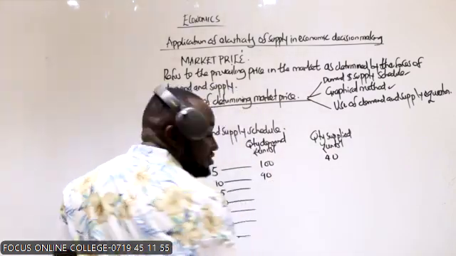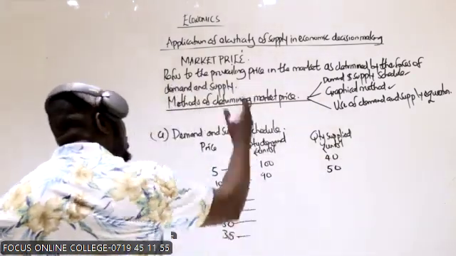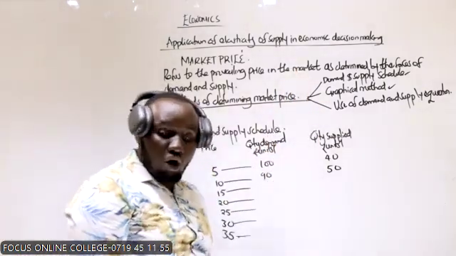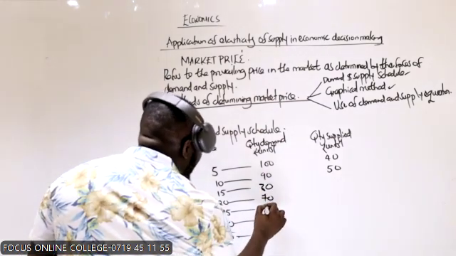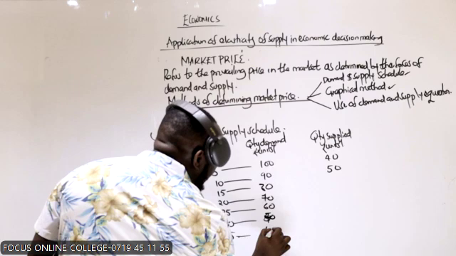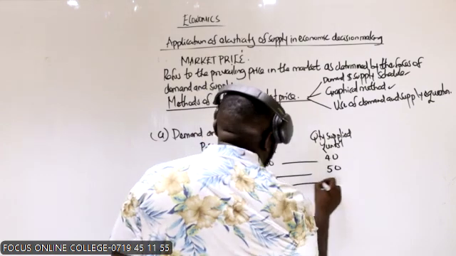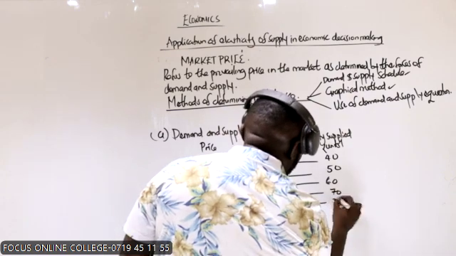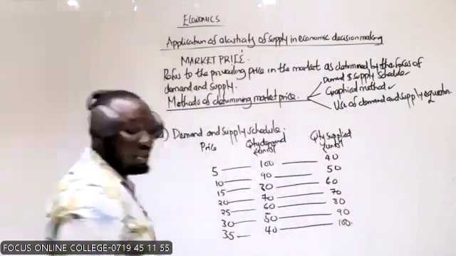When the price goes to 10, demand is 90 and supply is increasing, depicting the law of demand and the law of supply. So demand is 80, 70, 60, 50, and finally 40. While supply is increasing as price increases: 60, 70, 80, 90, and 100.